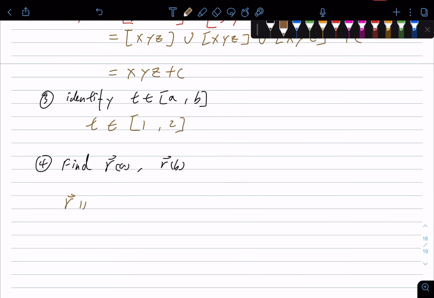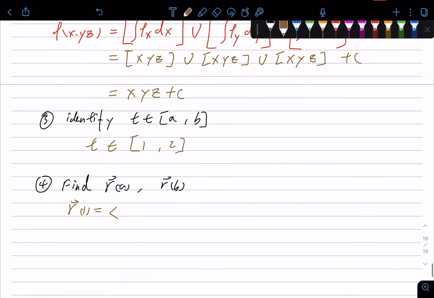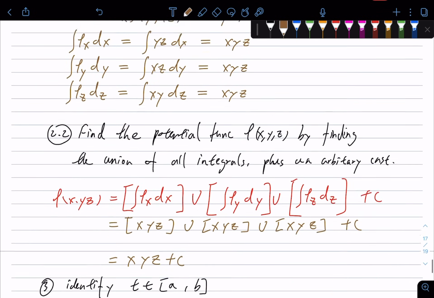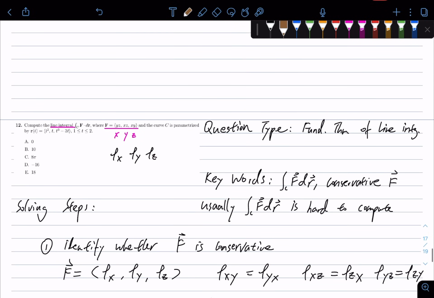R of 1 equals, so what is r in this case? r is t.